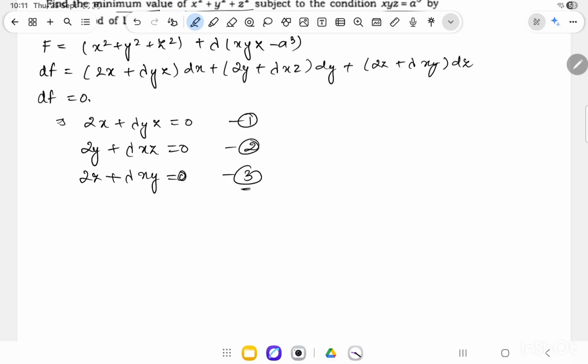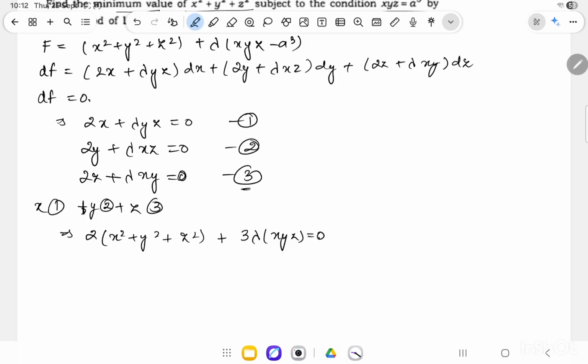Now if I multiply equation 1 with x, equation 2 with y and equation 3 with z, and add these 3, I'll basically get 2 times (x square plus y square plus z square) plus 3 lambda xyz equals 0.